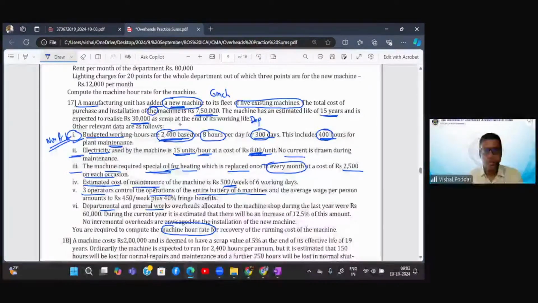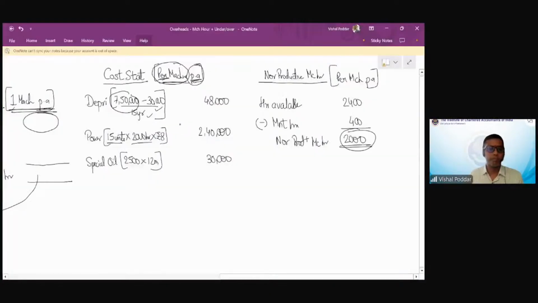Now, estimated cost of maintenance is 500 per week. Now this is interesting. This data is a weekly cost, and they have said that your week is of 6 working days. Now, in order to convert it into annum, I have to multiply this 500 by the number of weeks. Now, had there been no data given in the sum, we would have considered 52 weeks, which is normally the standard.